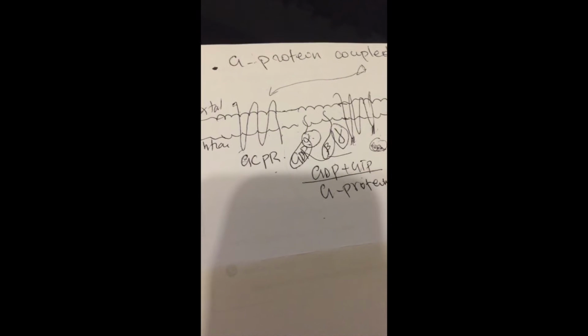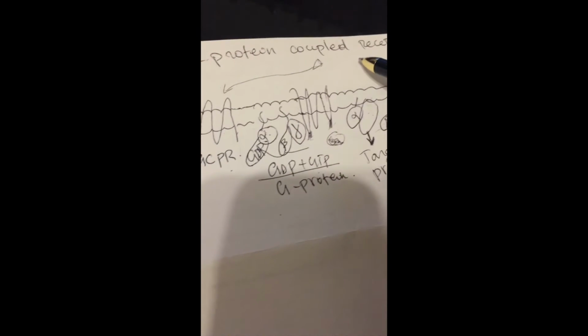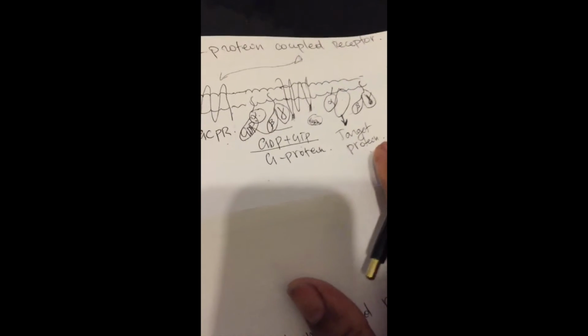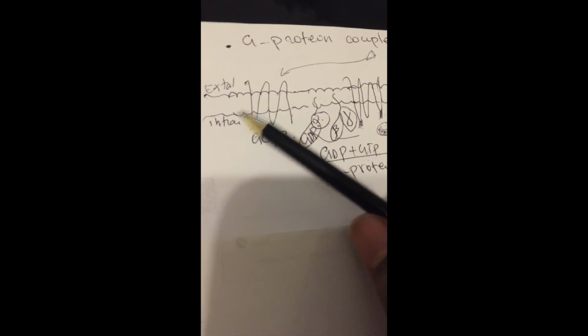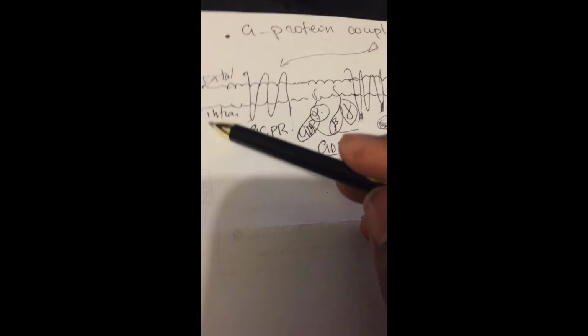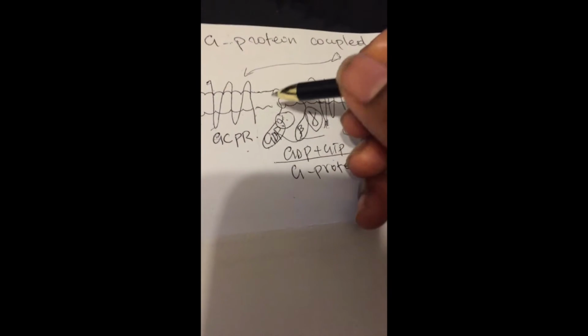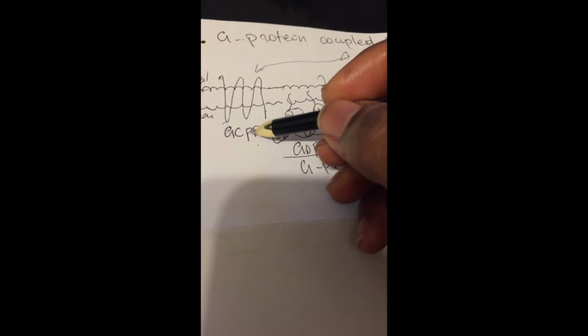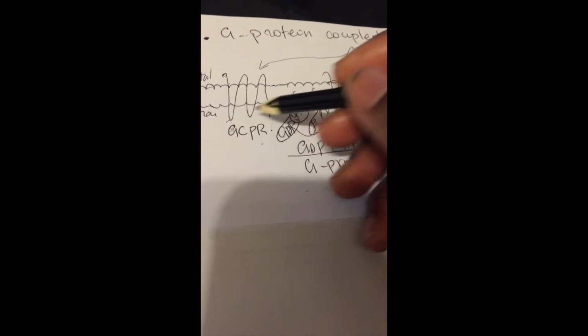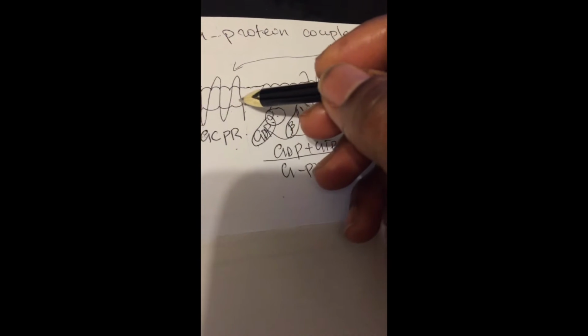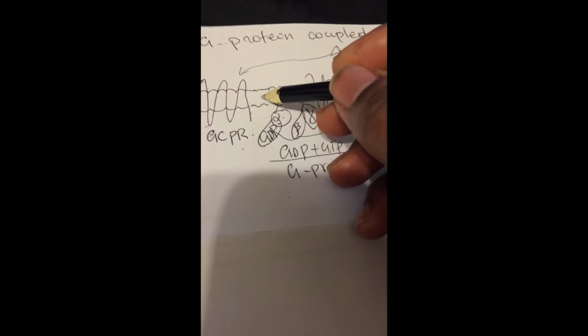Okay, let's talk about the G protein coupled receptor. We have our cell membrane here, and on the cell membrane we have the extracellular and the intracellular sides. This is our GPCR. The most characteristic feature of GPCRs is that they have 7 transmembrane alpha helices.